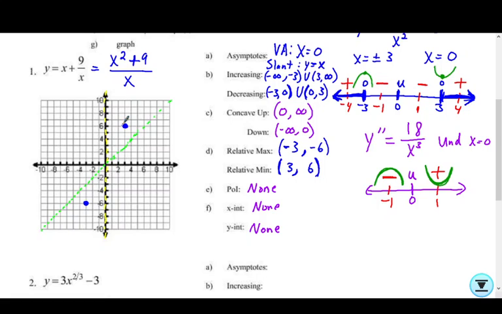So let's see what we got. We know that at negative 3, it goes from increasing to decreasing. This is my maximum. We also know that the concavity is concave down, so it opens down. So here, it comes up, hits that maximum point, and then comes down and follows the other asymptote.